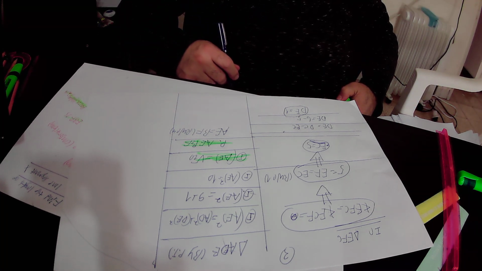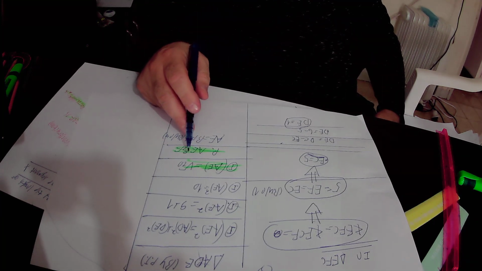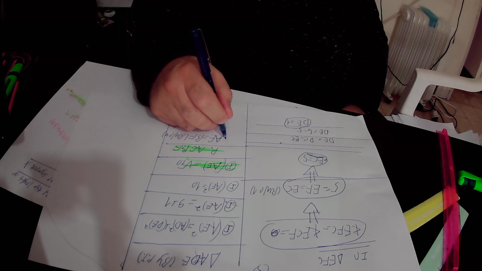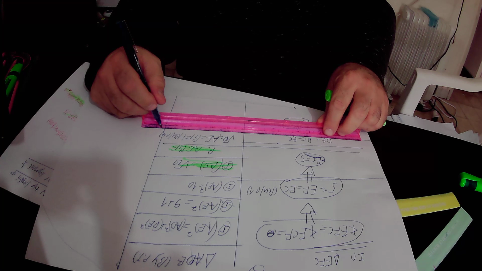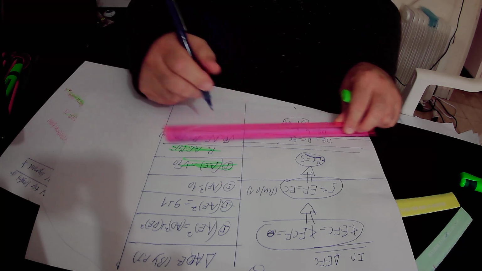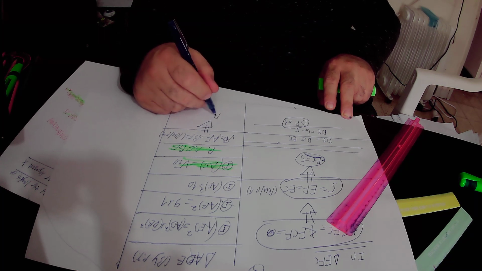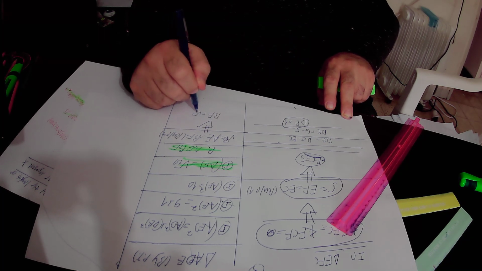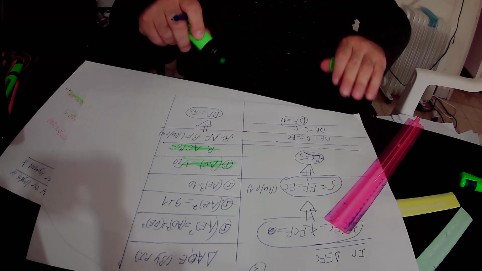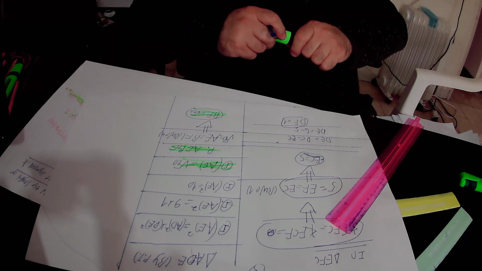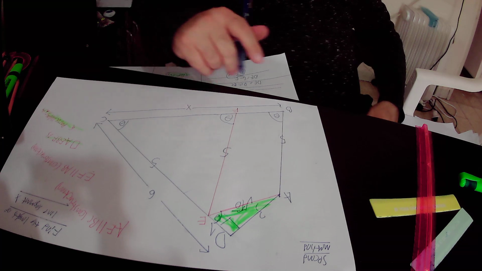But we just found out that AE equals the square root of 10 units. From this, we derive that BF is also equal to the square root of 10 units. So we can write here that BF equals the square root of 10 units.